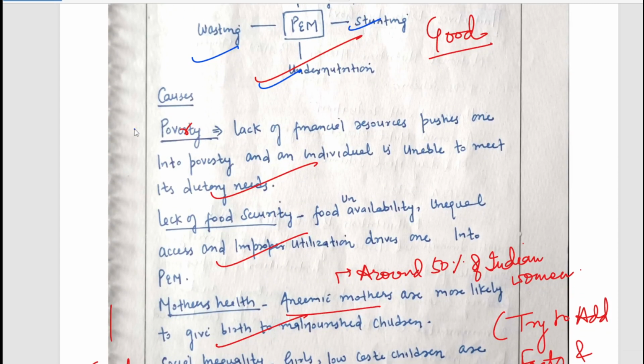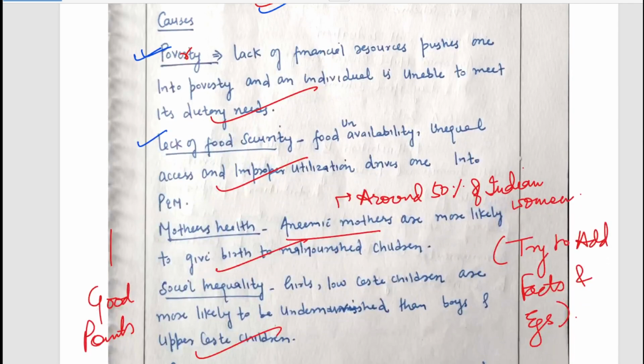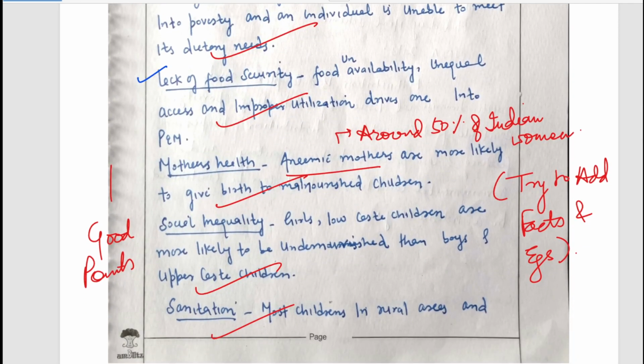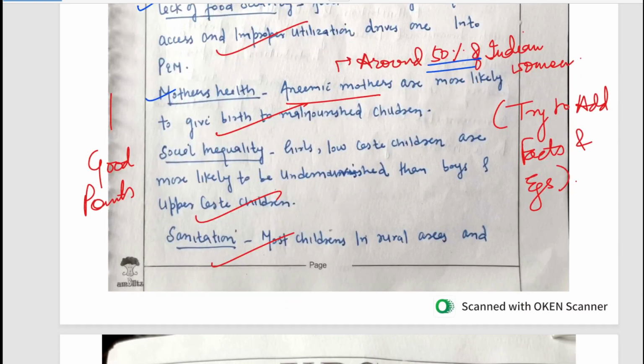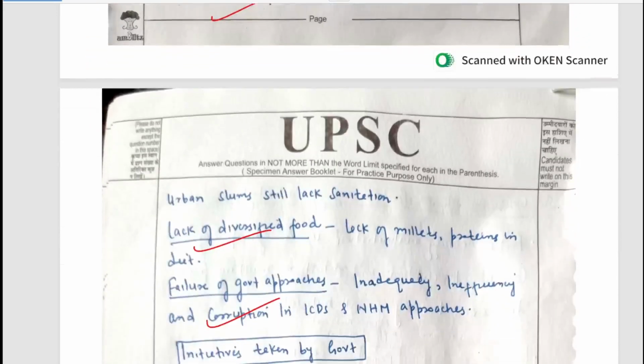Obviously poverty is one major cause, where we do not get enough diversity of diets, minerals, proteins, and nutrients. There is a lack of food security, and mother's health matters: around 15% of Indian women are anemic, so this data could be added. Social inequality and sanitation are also mentioned. Good points. You can simply pause and read them.